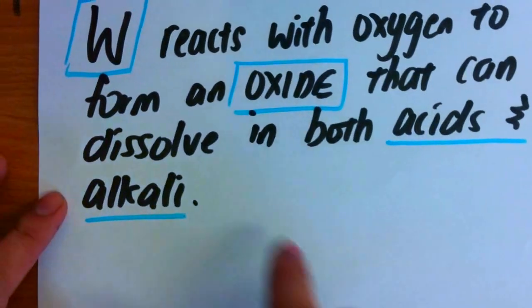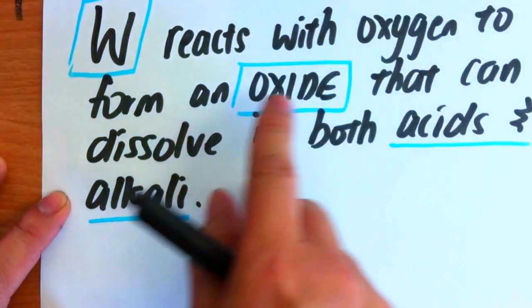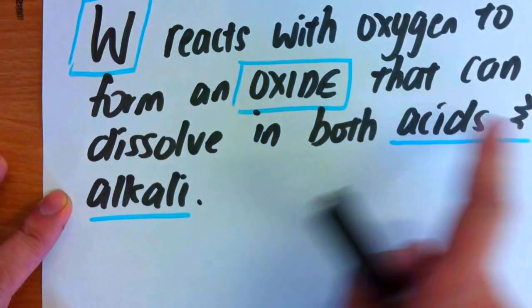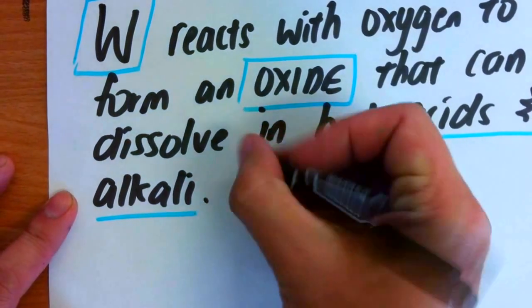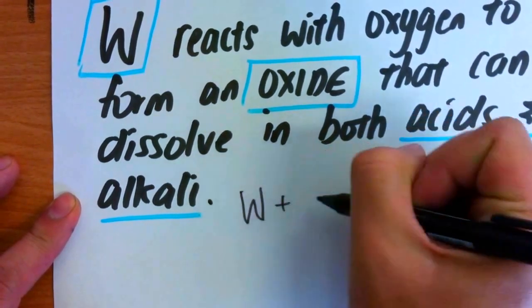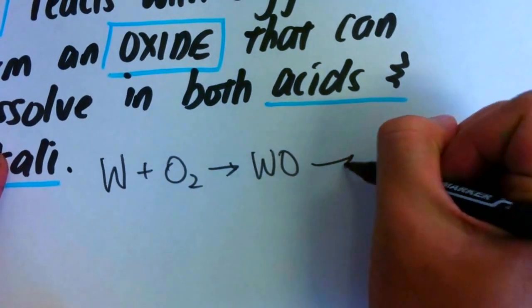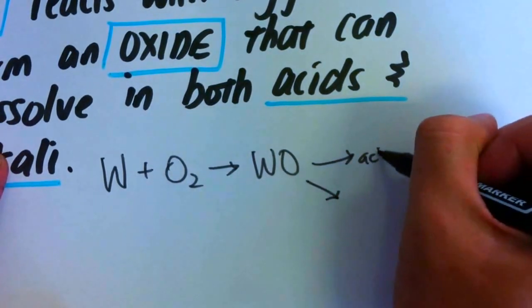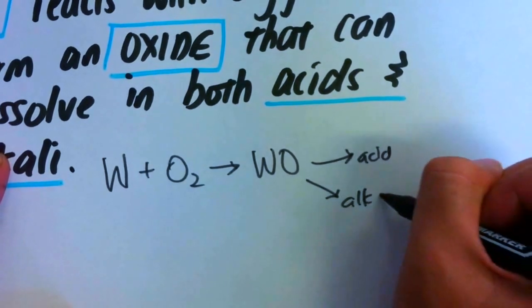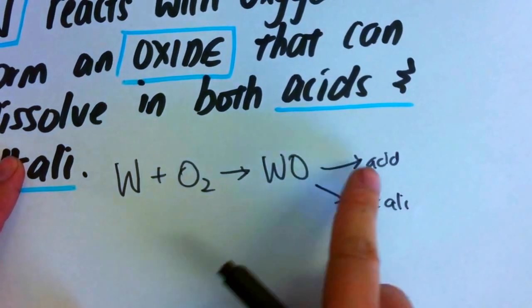Okay, last. W reacts with oxygen to form an oxide that can dissolve in both acids and alkali. So W plus oxygen gives you a W oxide that reacts with acids and alkali. Now this guy can react with both.